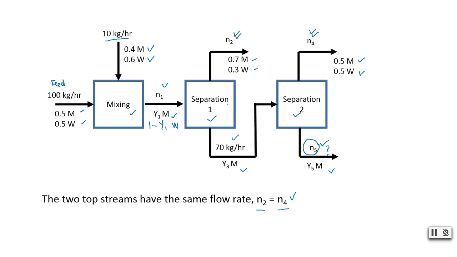So this is all the information given that we can use to solve the problem. After we draw this diagram, what we can do now is the degree of freedom analysis. Let me change to another color, maybe red. The degree of freedom analysis can be done for a specific process.